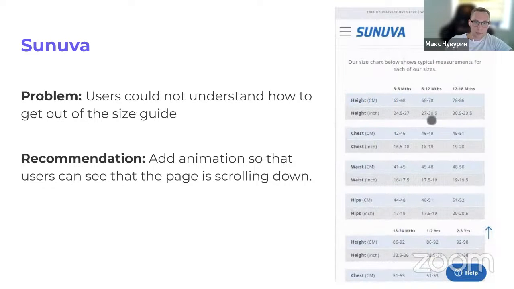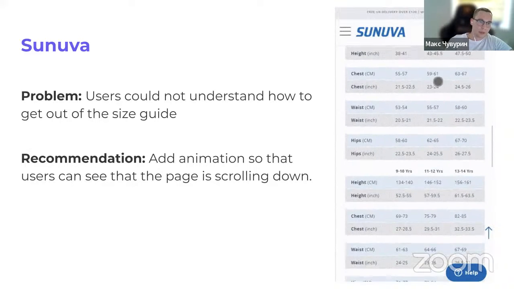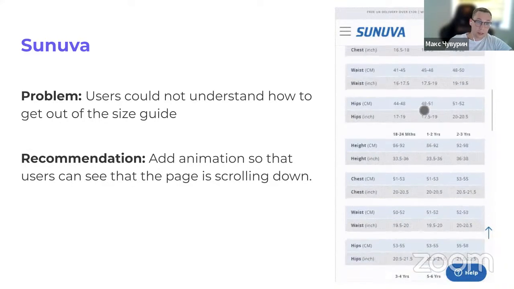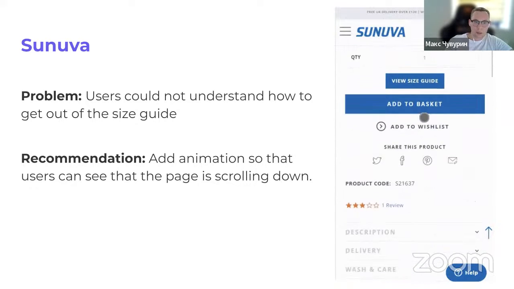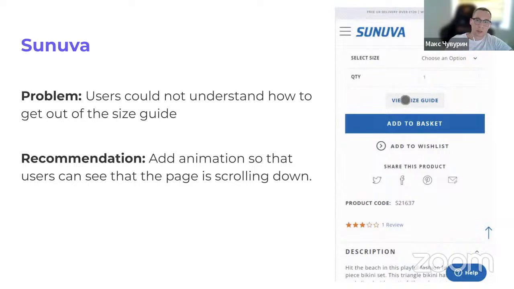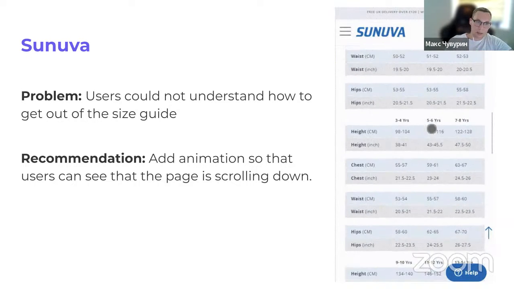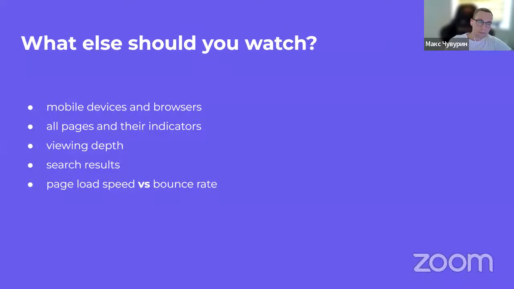They might go back to the product page and as a result leave without adding the item to the cart. Our recommendation for solving this problem was to add an animation so that the user could watch the page scrolling down and understand the path they are passing.